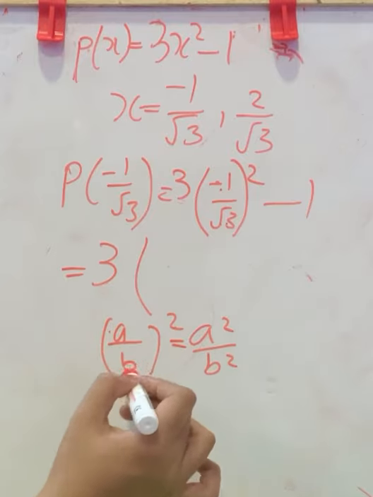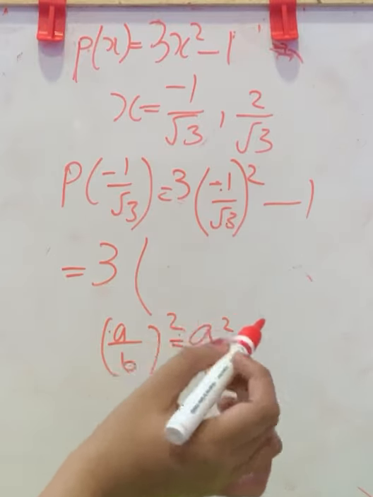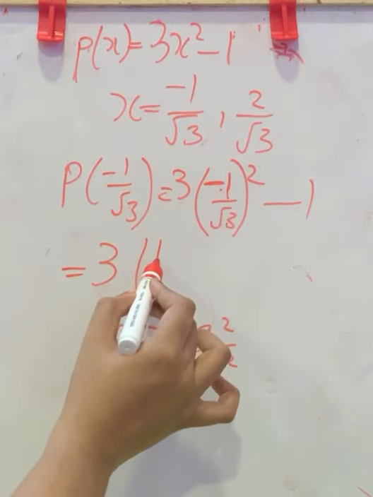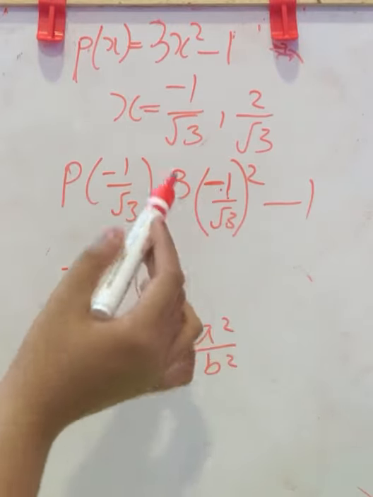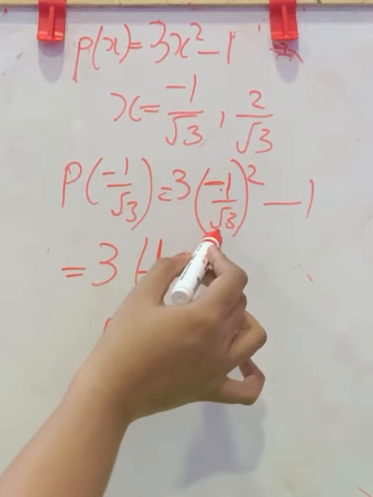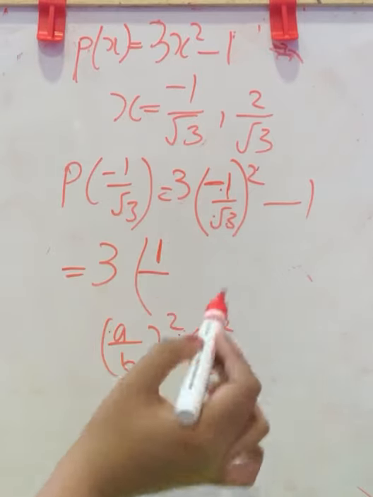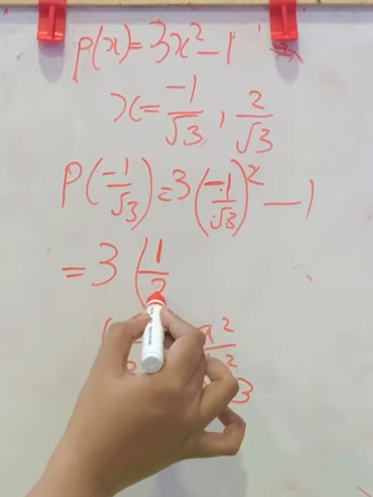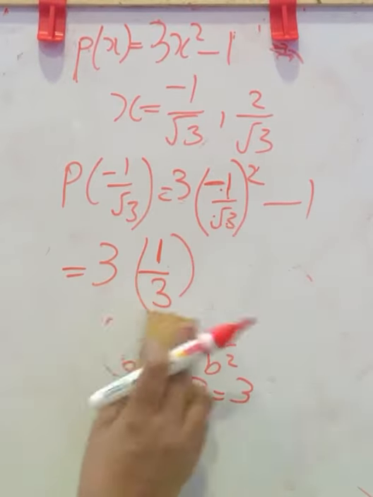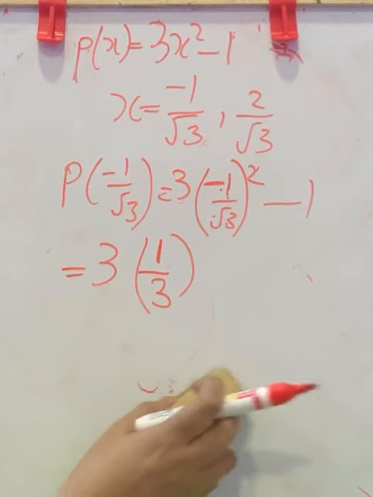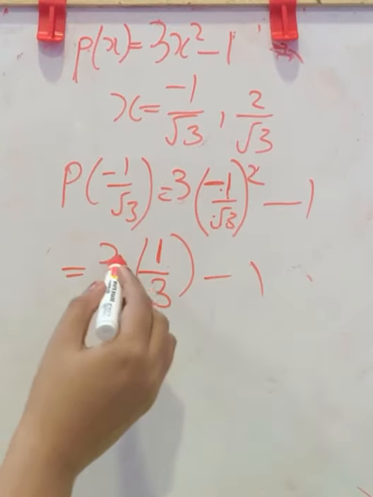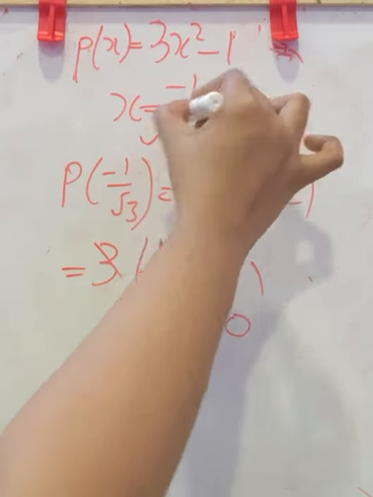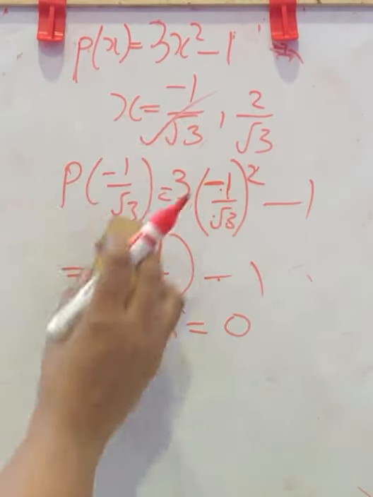For the numerator and denominator we have to square each. Squaring negative 1, the numerator becomes positive 1. In the denominator, root 3 into root 3 is 3. So inside it becomes 1 by 3 minus 1. Here 3 and 3 are common, 1 minus 1 is equal to 0. Yes, this is a zero of this polynomial.